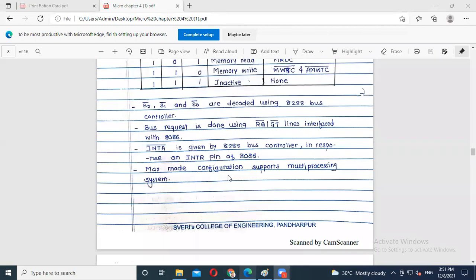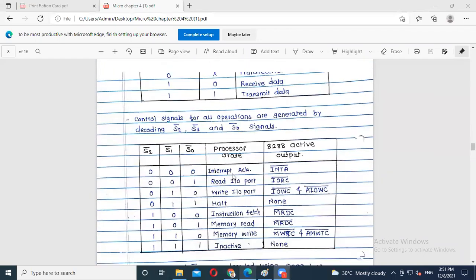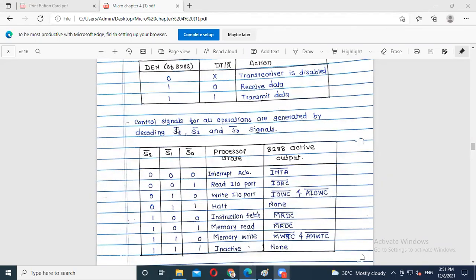In the control signals, there is one more table for the three inputs S0 to S2, four plus four, total 8 bits. The states are interrupt acknowledgement, read I/O port, write I/O port, halt, instruction fetch, memory read, memory write, and inactive.